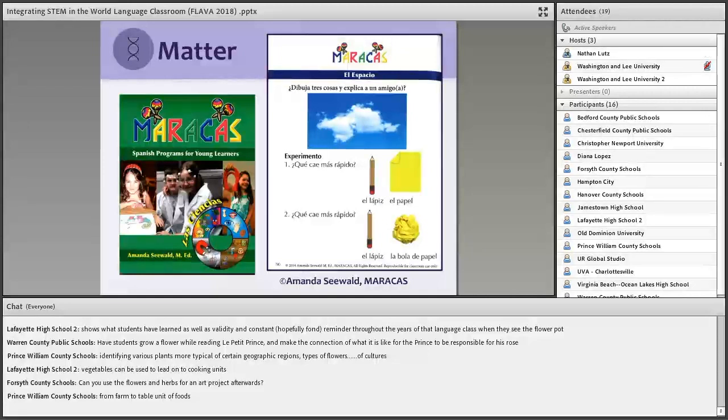One of my favorites is Maracas, Spanish programs for young learners. The ideas in there can certainly be adapted to other languages, which I have done for French. There are two books in this series, but one is specifically on las ciencias.